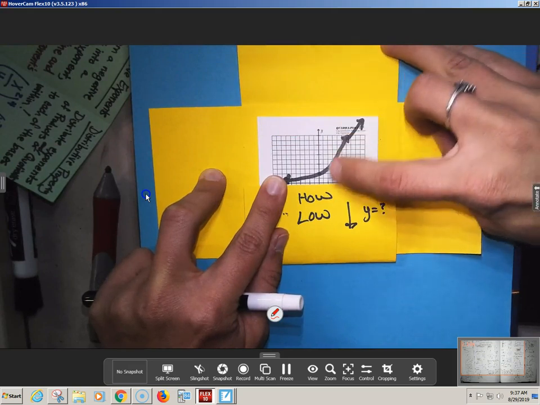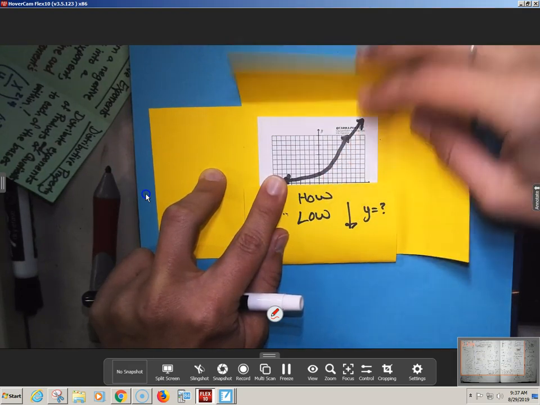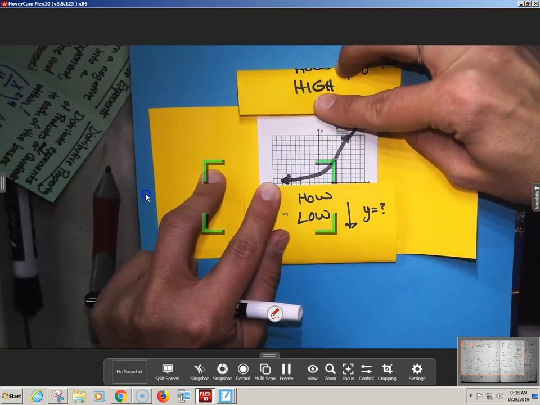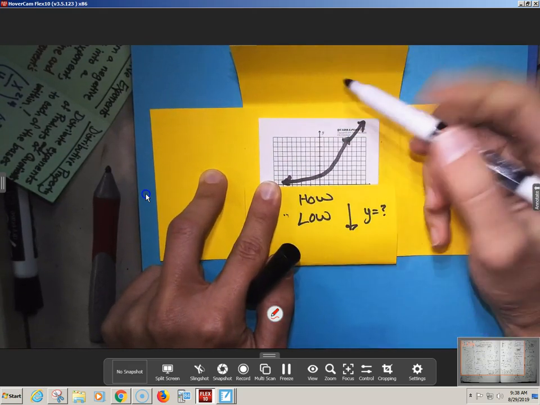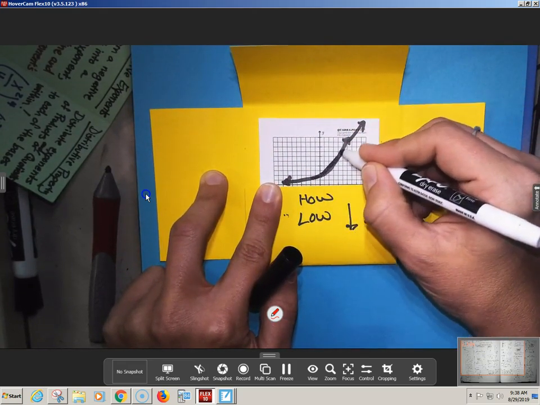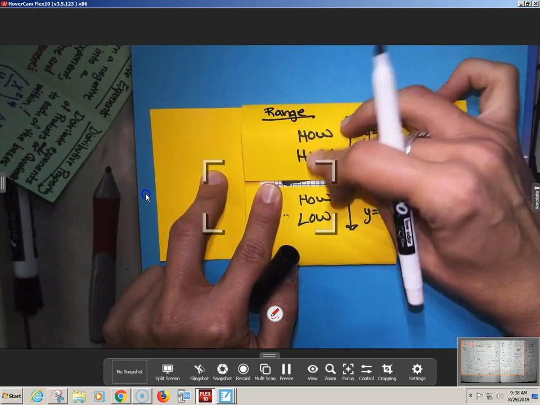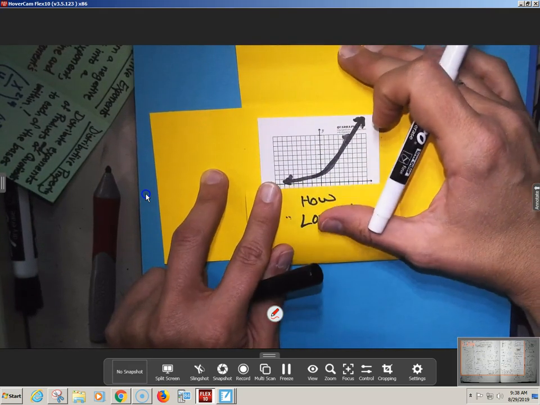But how high? What's going to happen as he keeps going? Yeah, it's going to go infinity high, because doesn't the arrow mean it's going to keep going and going and going? I was trying to show you that it keeps going. I don't want to write on my mark, but it's going to keep going and going and going. The arrow says, okay, even off the page, it's going to keep rising. So how high does it go? Forever high. But question, how low does it go?